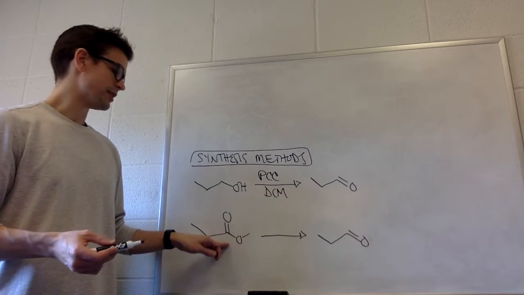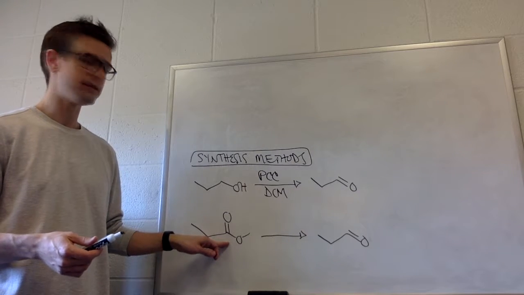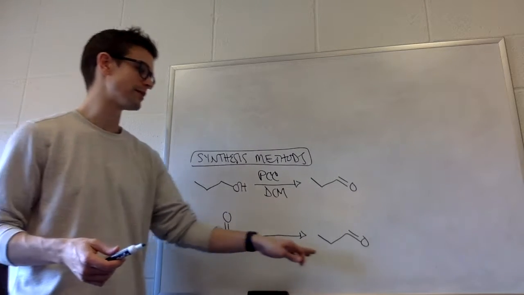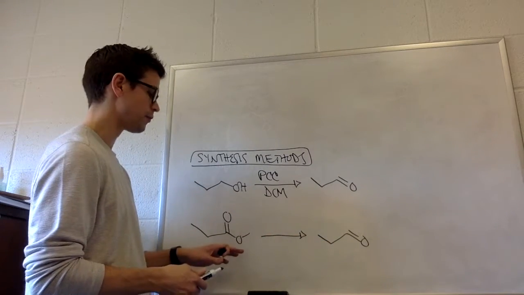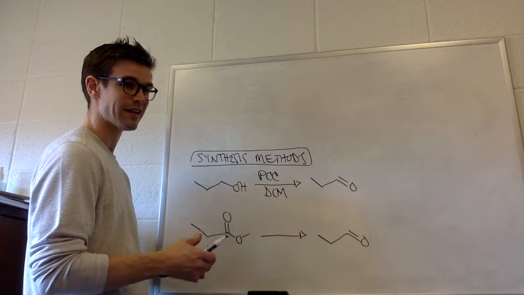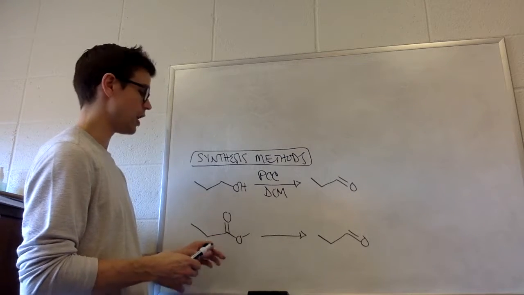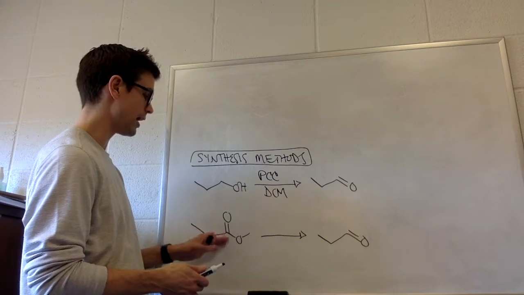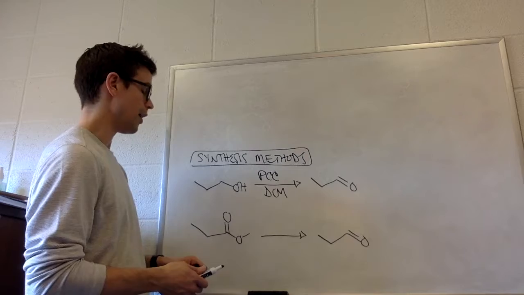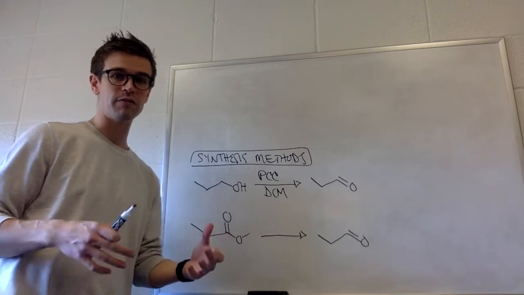What happened here? Is this an oxidation or a reduction? This is a reduction. We have fewer bonds to oxygen here. So we had to have some type of hydride source. Not sodium borohydride. That is not a strong enough reagent to react with esters. If we use lithium aluminum hydride, we're actually going to go all the way from the ester to the alcohol, so we need the Goldilocks reagent, the one that's just strong enough but not too strong.